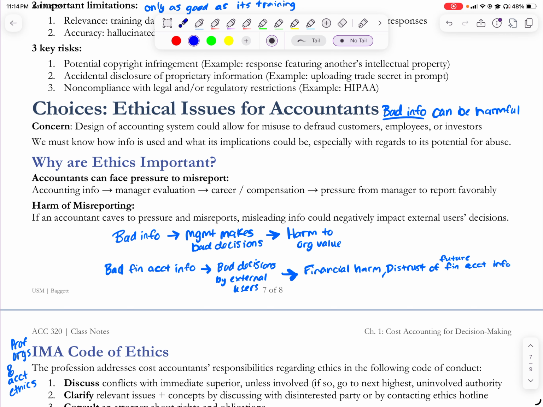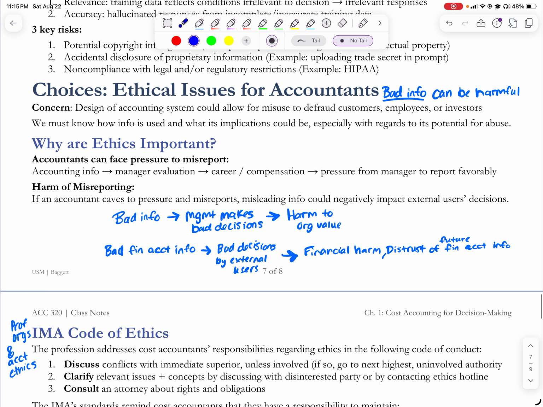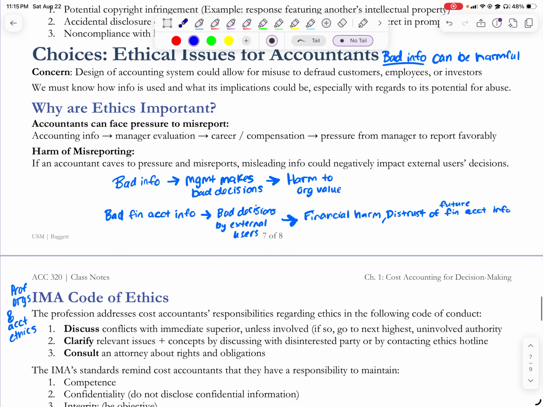In cost accounting, though, there's still ethical concerns in that bad info can be harmful. It can be detrimental. In the case of managerial accounting or cost accounting, bad info from cost accounting systems can lead to bad decisions that negatively impact organization value.